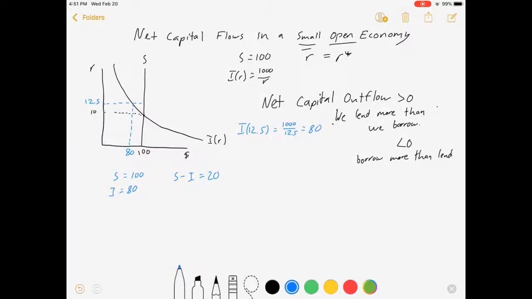This extra money flowing around is going to become net capital outflows. That's money that we can lend to another country. So anytime you see this, where savings is greater than investment, that's positive net capital outflows.